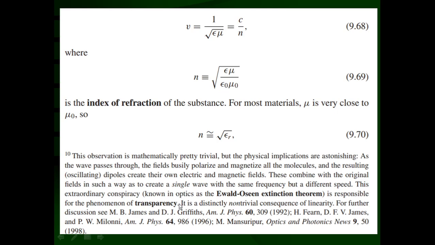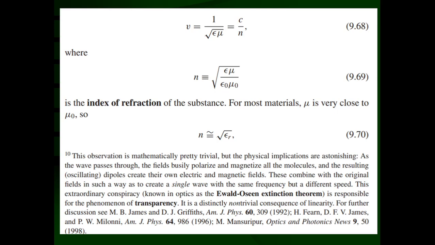That means even when electromagnetic waves propagate in a linear homogeneous medium, they polarize and magnetize all molecules of the medium and generate new electric and magnetic fields, which combine with the original electric field and generate a single electromagnetic wave having the same frequency omega as the original wave.